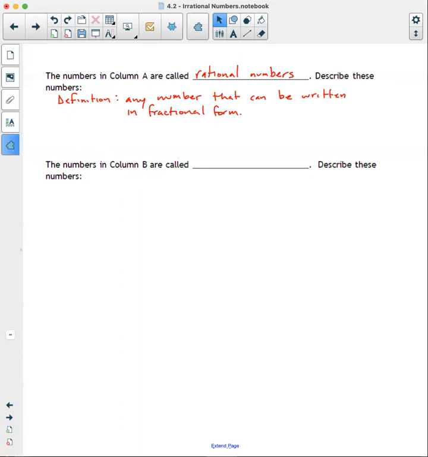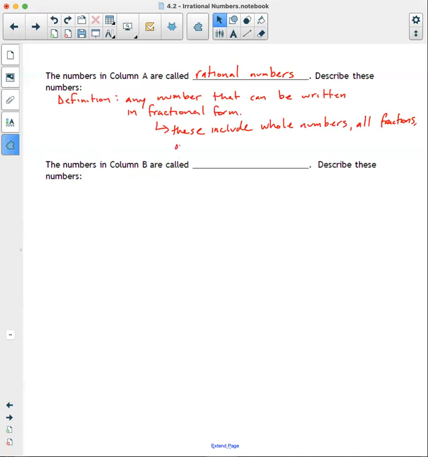Okay, so these types of numbers include whole numbers, all fractions, or decimals that terminate.